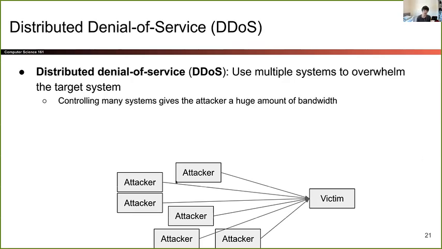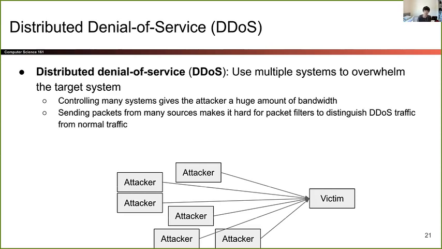So if we control, instead of one system, let's say in this diagram, we control 6, then we can instruct all of these computers to send data to the victim all at once. This also makes it hard to filter out DDoS traffic, because now instead of all the traffic coming from one person and you can just try to filter that out, now you've got data coming from every direction and you don't know what is real and what isn't.